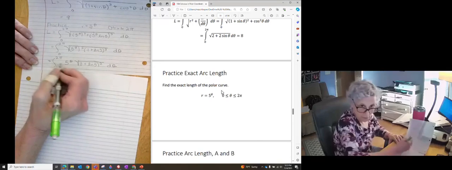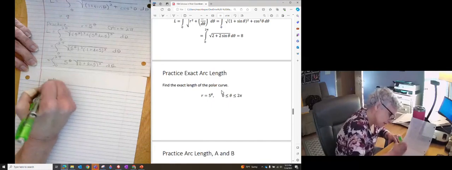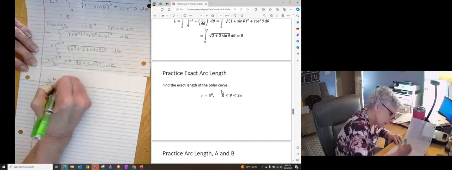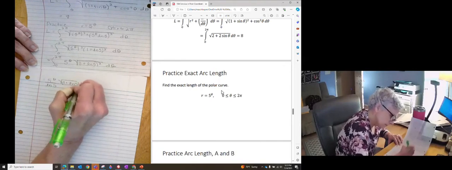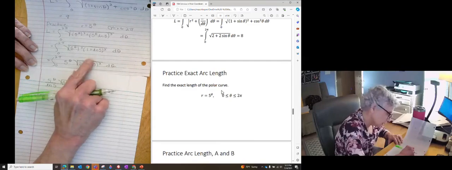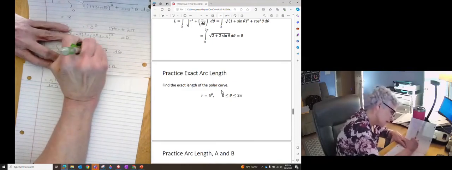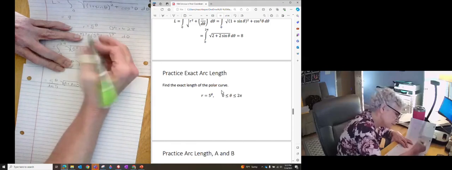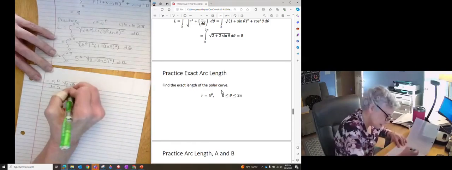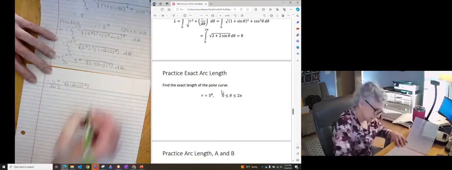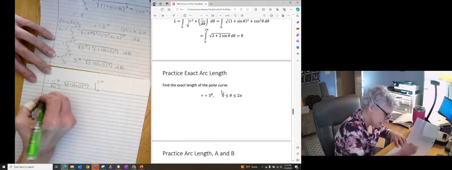But that's just a number, so I just have to integrate 5 to the theta, so that's equal to 5 to the theta divided by the natural log of 5 times the square root of 1 plus (natural log of 5) squared. And actually, oh no, just the natural log of 5 is squared. So I can't pull that out from underneath the radical. I do need those parentheses. Okay. Evaluated from 0 to 2π.